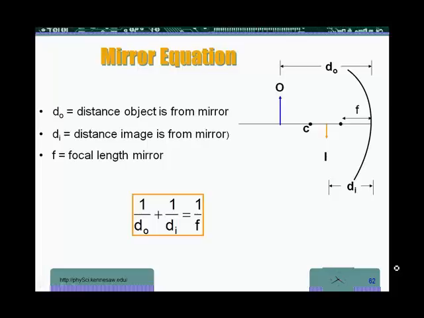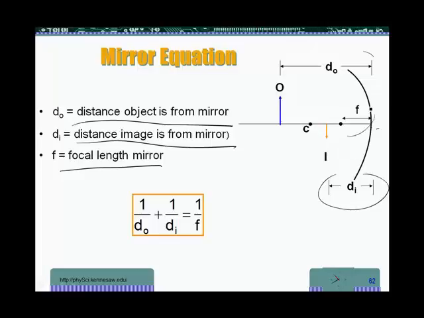What we defined last time is, if we call DO the distance between an object and the mirror, DI the distance separating the image from the mirror, and F the focal length of the mirror, again DO distance from object to mirror, DI distance from image to mirror, and F the focal length, which is, remember, F is R/2, the radius of curvature of the mirror over 2.